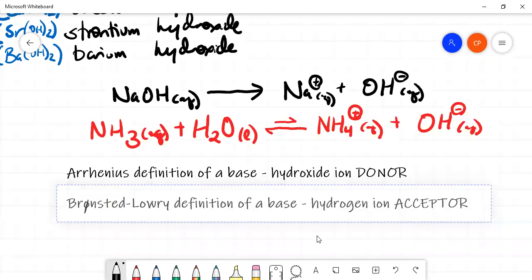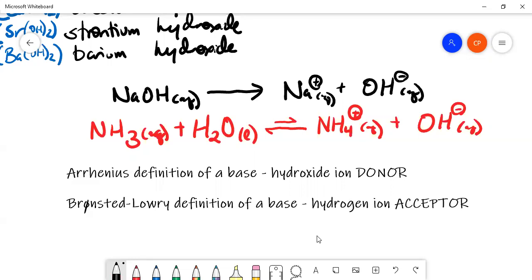It's a stuff that's a hydrogen ion acceptor.